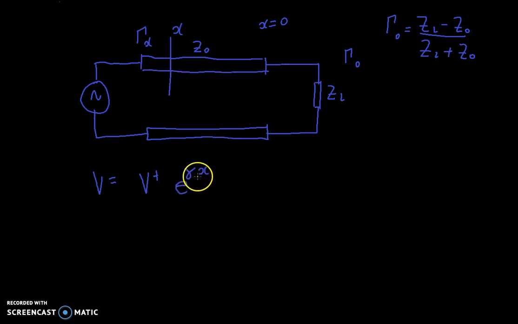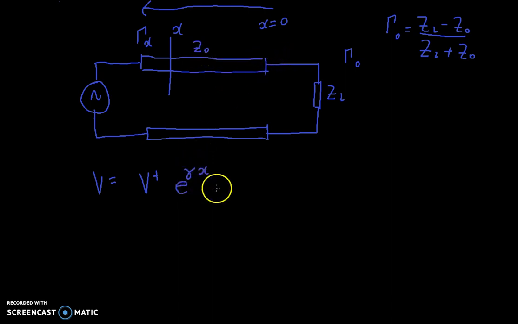So when x equals 0, we have V plus, and when x increases, because x increasing is this direction here, the exponential increases, so the total voltage increases, which makes sense because remember that at the generator the voltage is the highest, the amplitude is the highest here. So as x decreases, goes towards 0, the voltage should decrease.